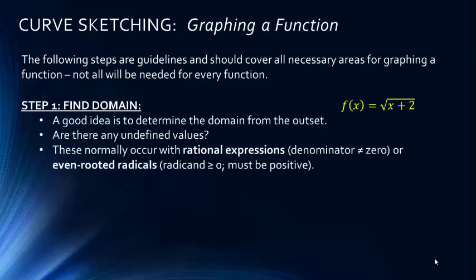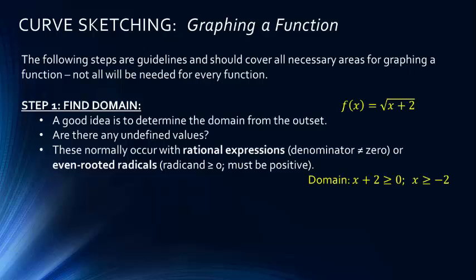Or is it an even-rooted radical, a square root or a fourth root, for example, where the radicand, what's inside the house, so to speak, has to be greater than or equal to 0. It has to be positive because you can't take the square root of a negative number.